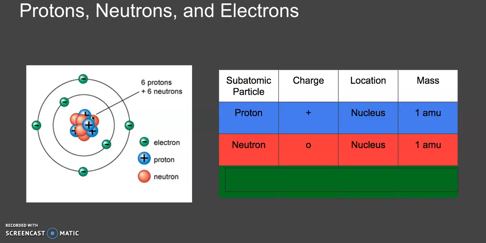And the reason we have neutrons is because, as we know, like charges repel one another. And so if there were no neutrons, then the nucleus would be made up entirely of protons. And positive charges don't like to be together.